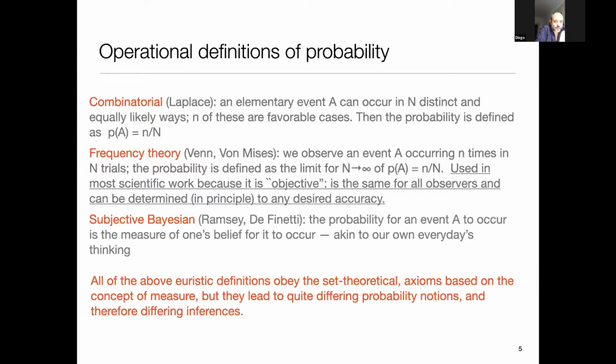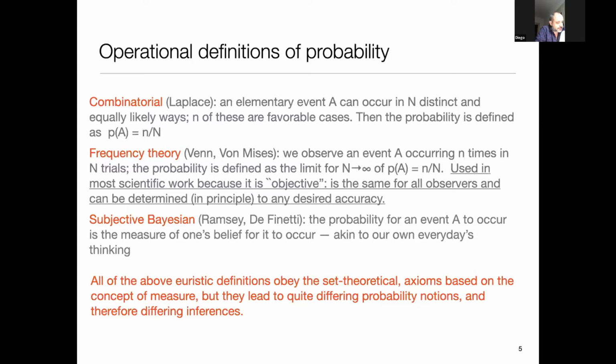And this is what has been historically used in scientific work because, so to say, it's objective in the sense that it's the same for all observers and can be determined in principle to any desired accuracy, provided that you can make a lot of observations, or at least you can simulate a lot of them.